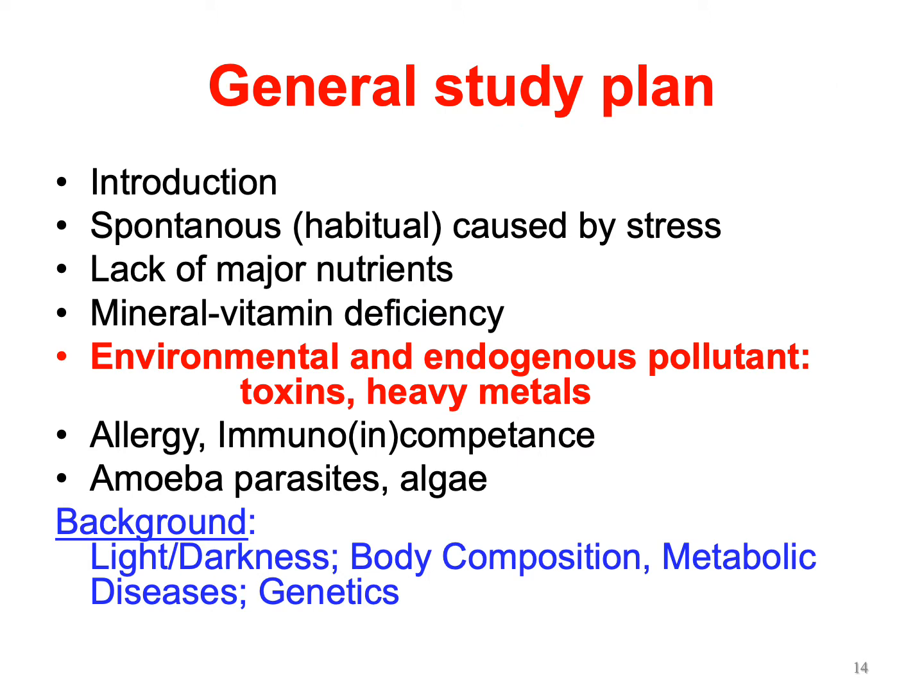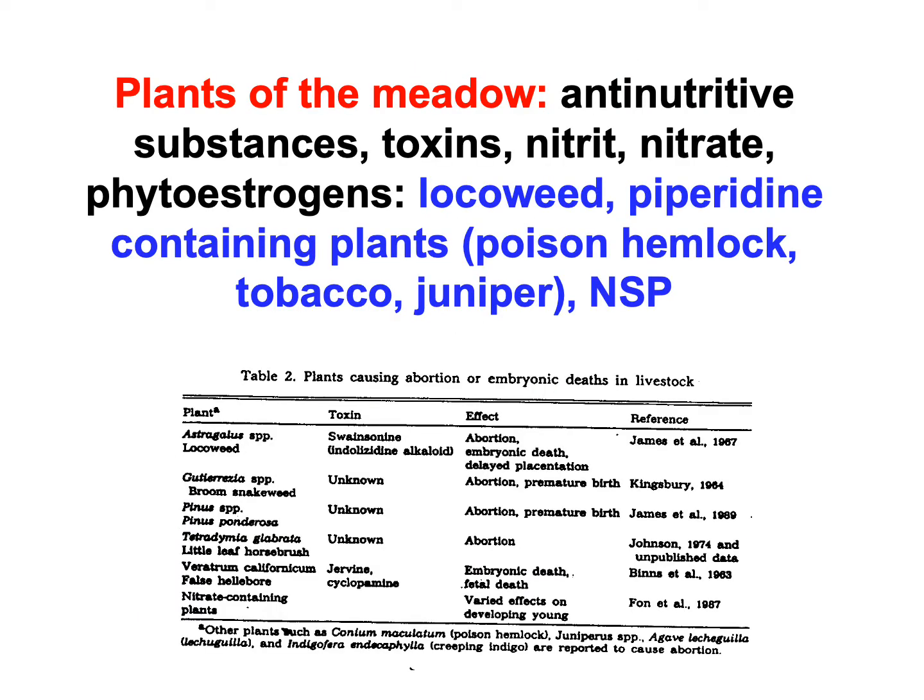In the general study plan, we are at the environmental and endogenous pollutants, toxins, heavy metals. First we have to see the plants of the meadow for grazing animals. More and more breeding sows are kept in the meadow.